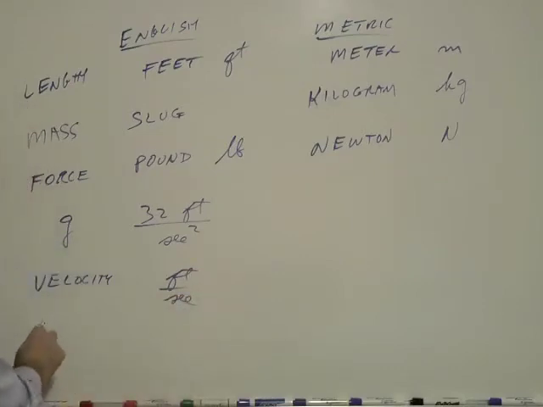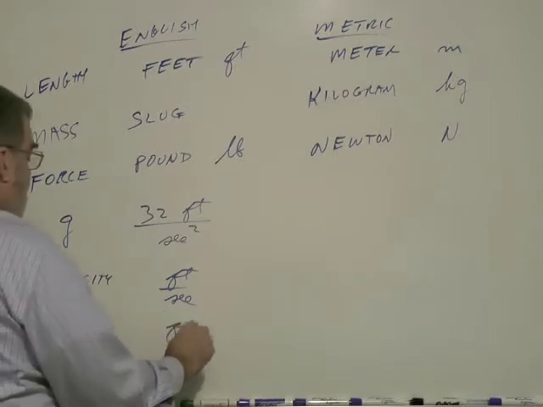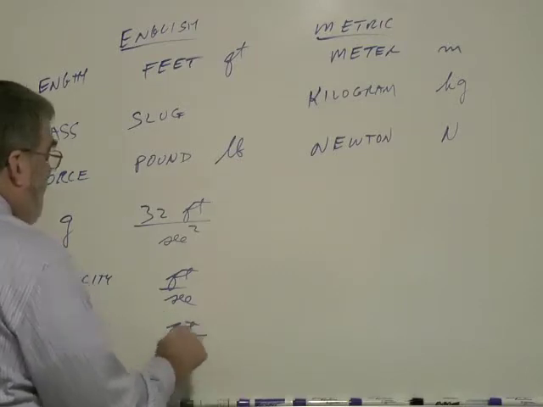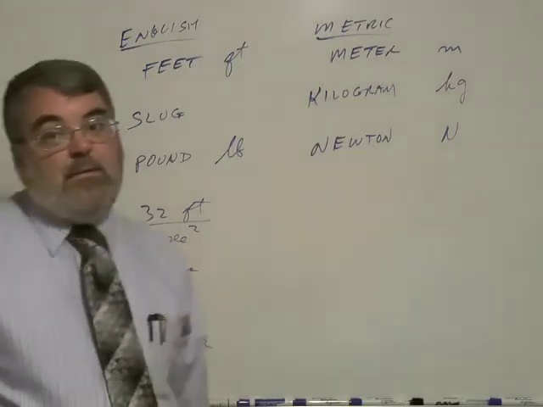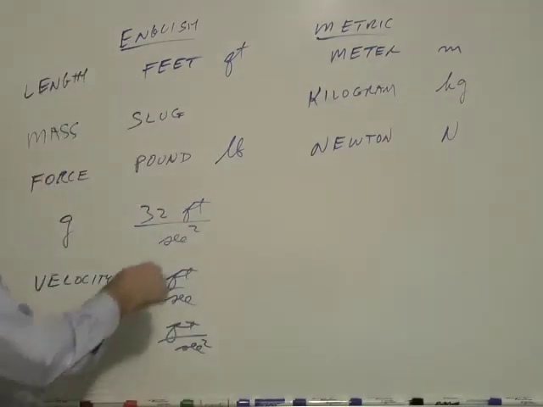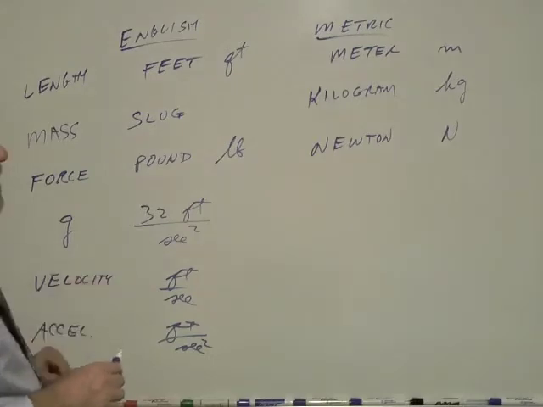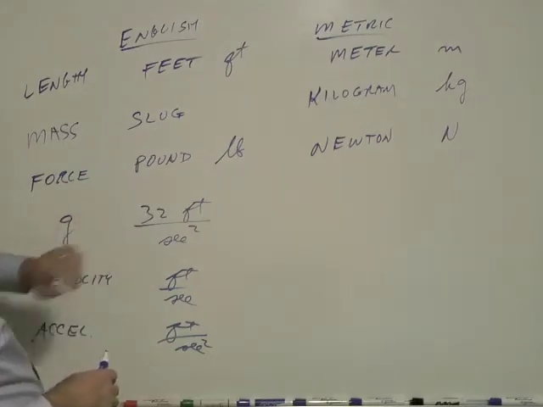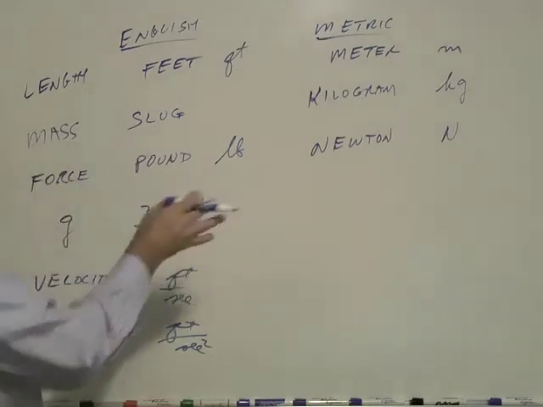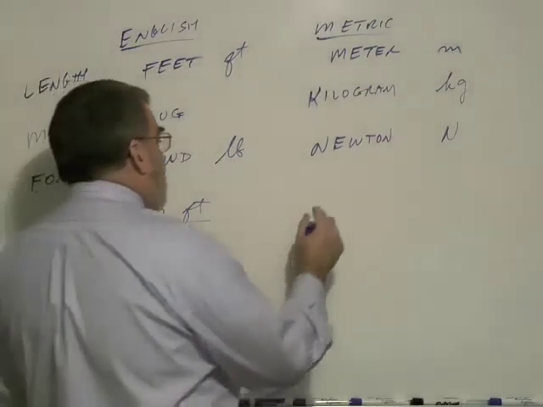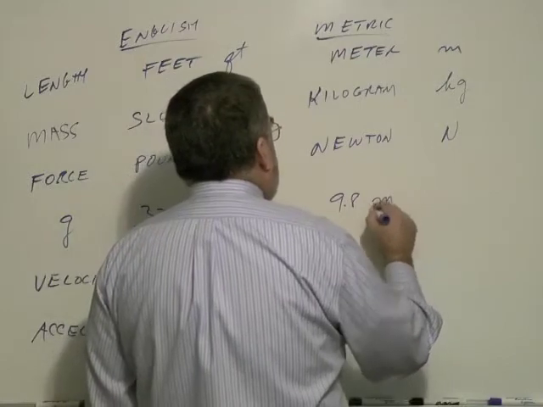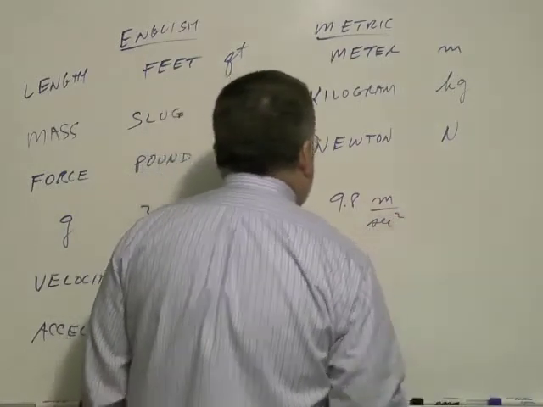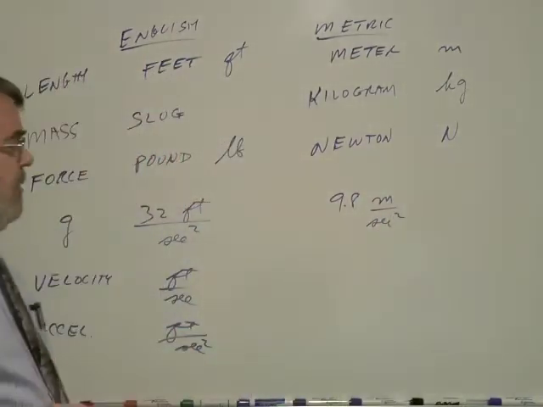When you talk about acceleration, those units are feet per second per second, which ends up being feet per second squared. So the acceleration due to gravity at the Earth's surface is 32 feet per second squared. On the metric side, g is about 9.8 meters per second squared. So it's always length per time squared.